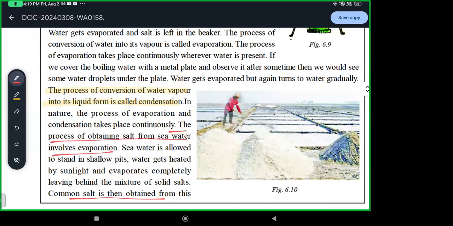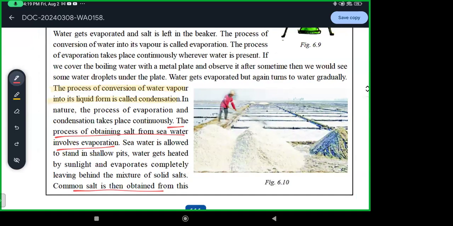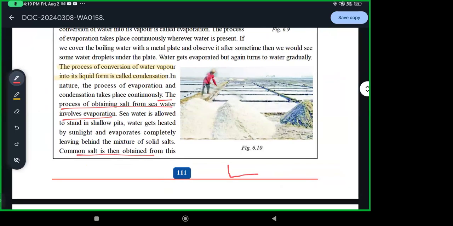Seawater is allowed to stand in shallow pits. Water gets heated by sunlight. Shallow means less deep pits, and seawater is left in those pits under sunlight. Now, what happens?